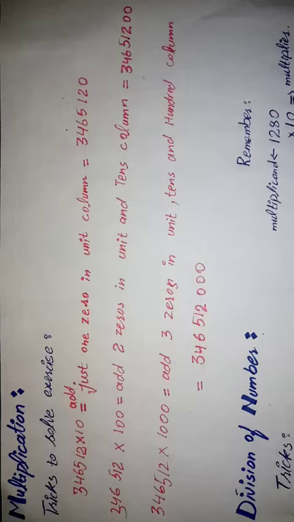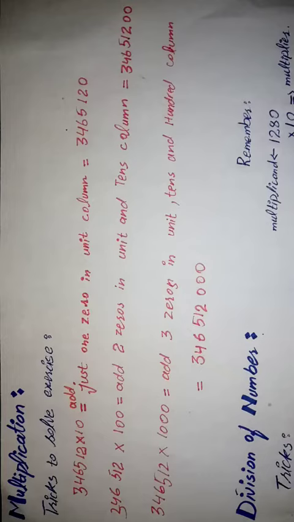Now when we multiply a number by 100, we add two zeros in the unit column and the tens column. It means that we add one zero in the unit column and one zero in the tens column. This means that we add two zeros at the end of the number.